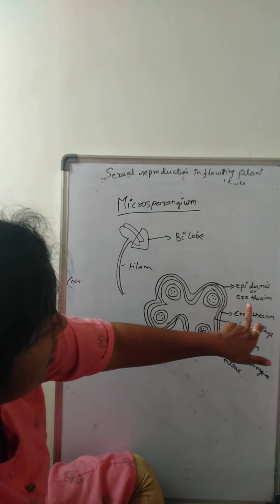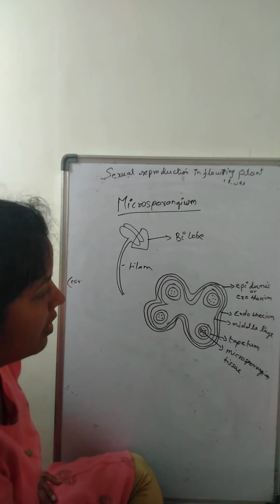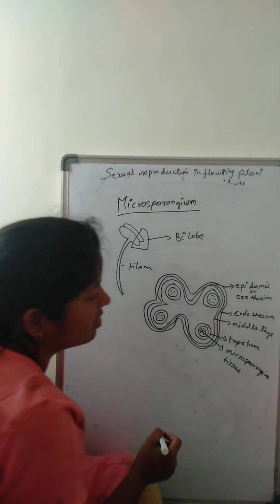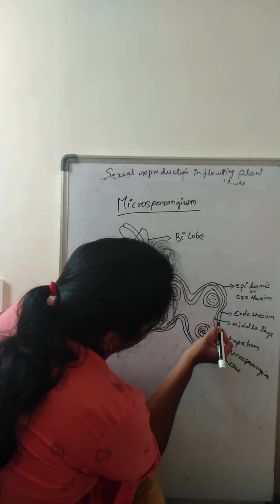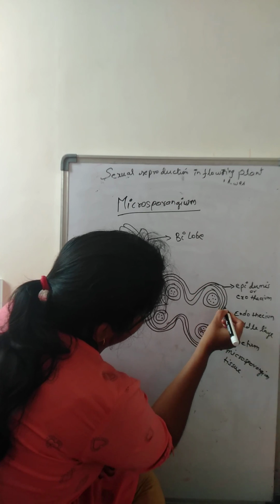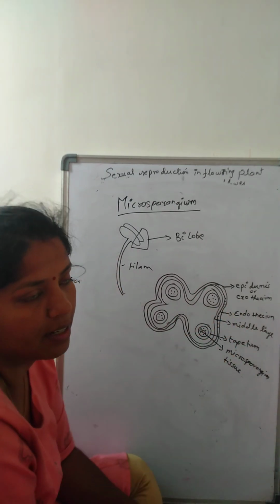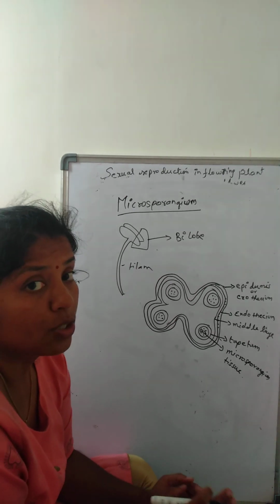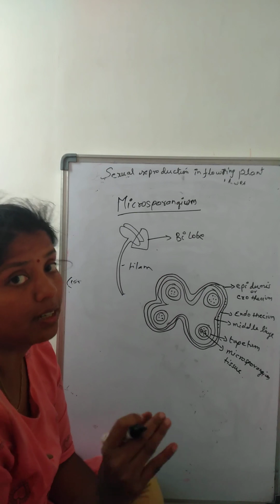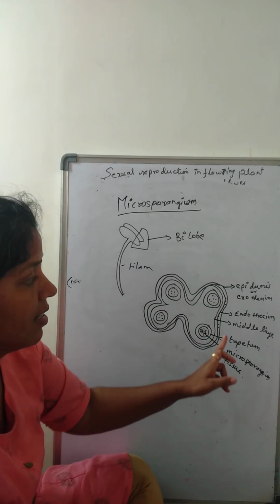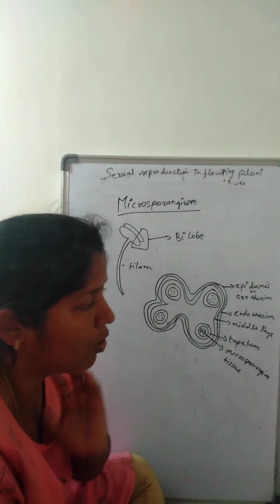See, the exothecium protects the layer. Now see the endothecium. This endothecium has some inner thickness, since it has an alpha-cellulosic layer. That is the reason it is thicker at its inner wall.